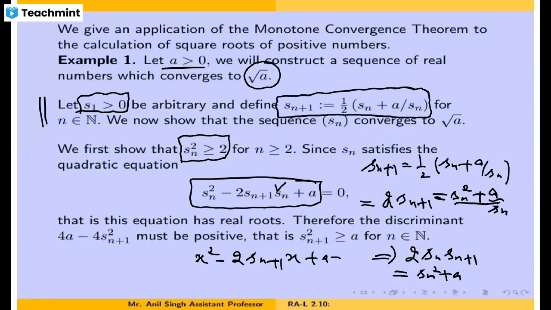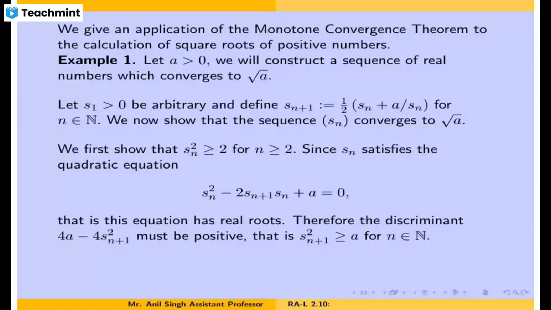Sn is a root of this quadratic equation, and since Sn is a real number, this quadratic equation has real roots. And if a quadratic equation has real roots, that means the discriminant of that quadratic equation is non-negative. And what is the discriminant?